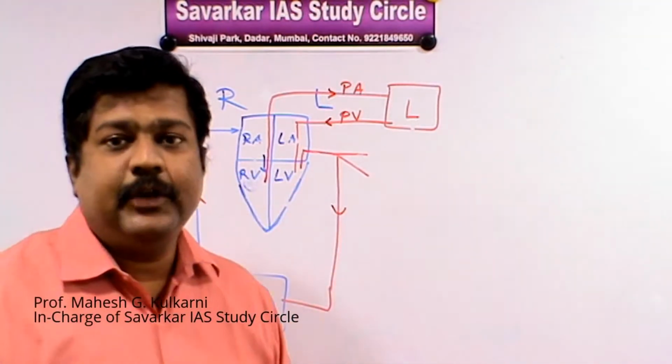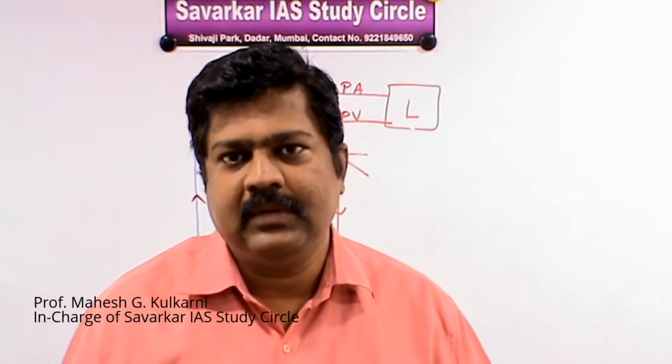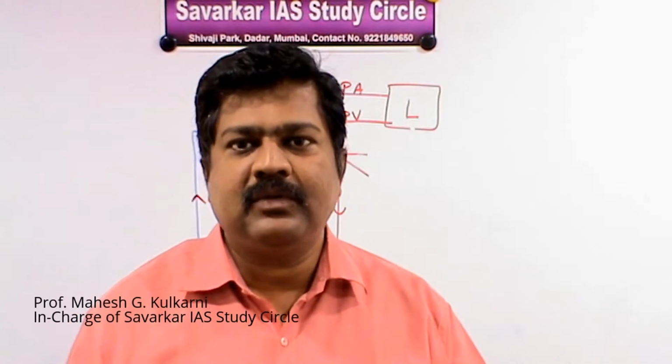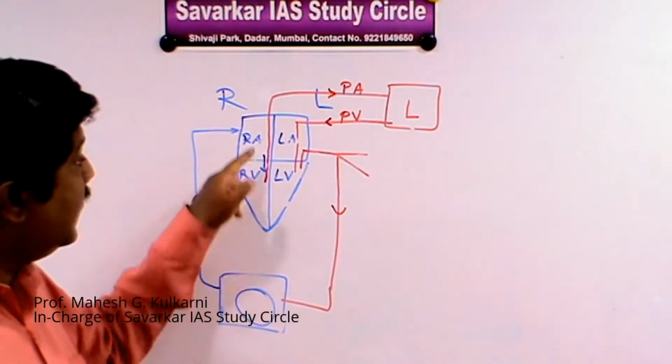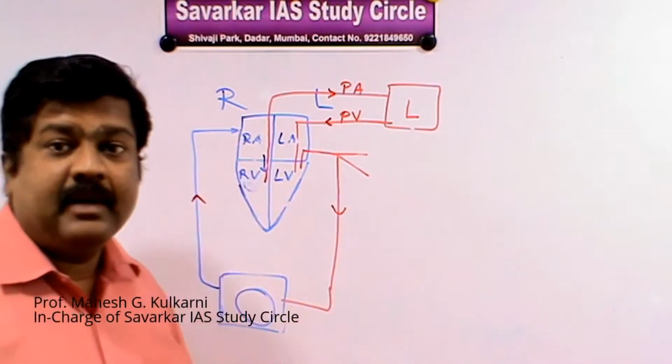Now all these tubes or transportation in the heart are guarded by valves. My pronunciation is not that perfect, but try to get valve and valve. Valve means what? The septum here can be considered a valve, whereas here the opening is guarded by a valve.